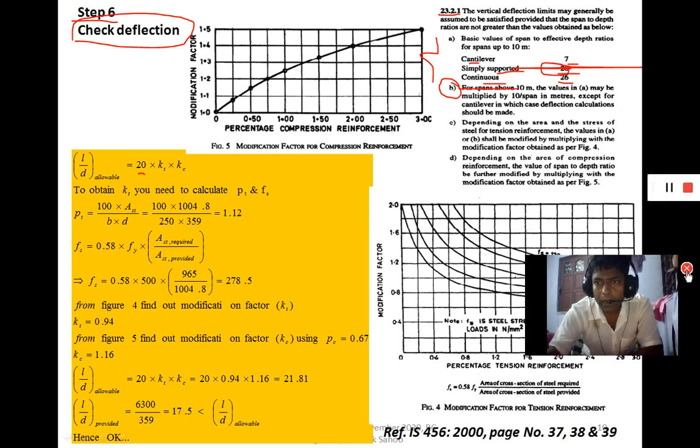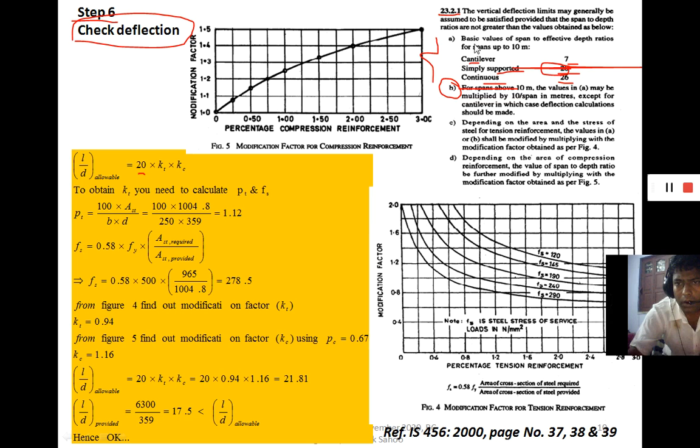Now depending on the stress of steel in tension, the value shall be modified by multiplying with the modification factor. Again, depending on the area of compression reinforcement, the span to depth ratio is further modified by multiplying with the modification factor obtained as per figure 5.